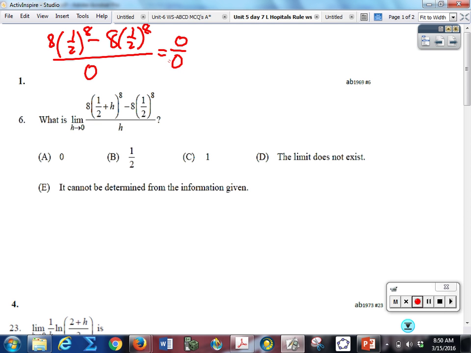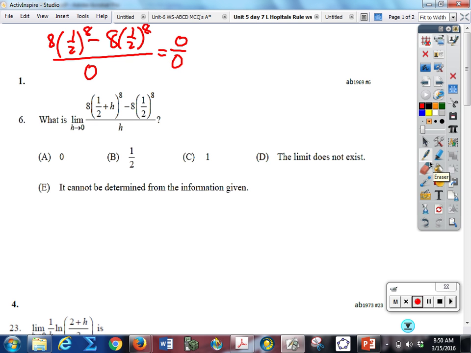Now the question is, what happens when you take the derivative of both of these, the top and the bottom? What's the derivative of this? What do you have to do to take the derivative of that? Drop the 8 down, that, right? And times the derivative of the inside, which is 1, okay?